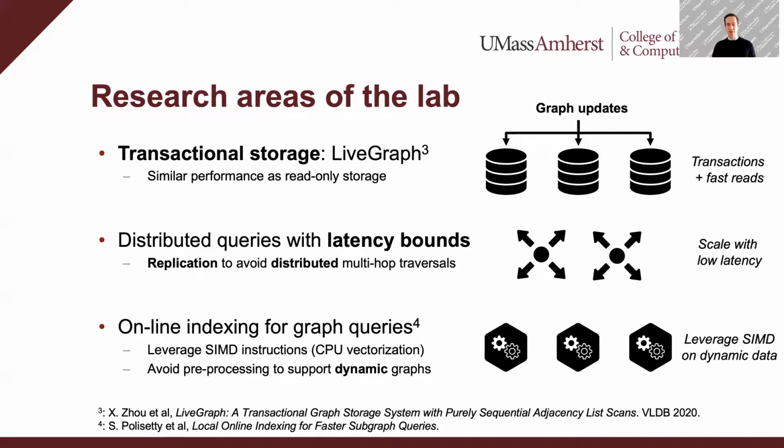So in one project, one paper that is currently under submission, we are looking into how to speed up this process by doing indexing online, not as a preprocessing step, but during query execution. That's much easier to run when you have dynamic data, where preprocessing might be unfeasible.